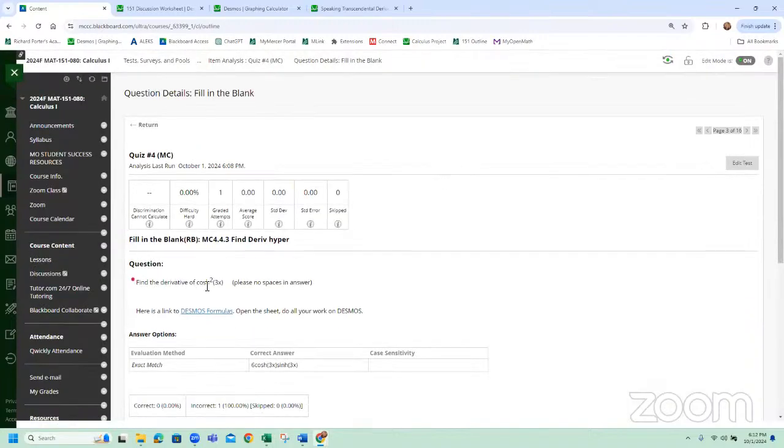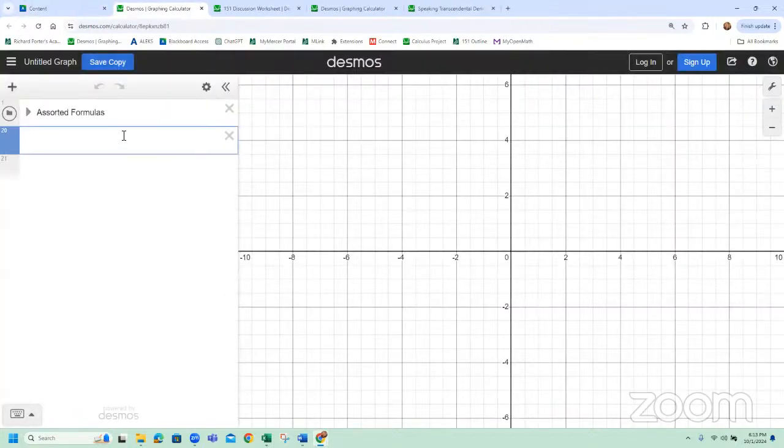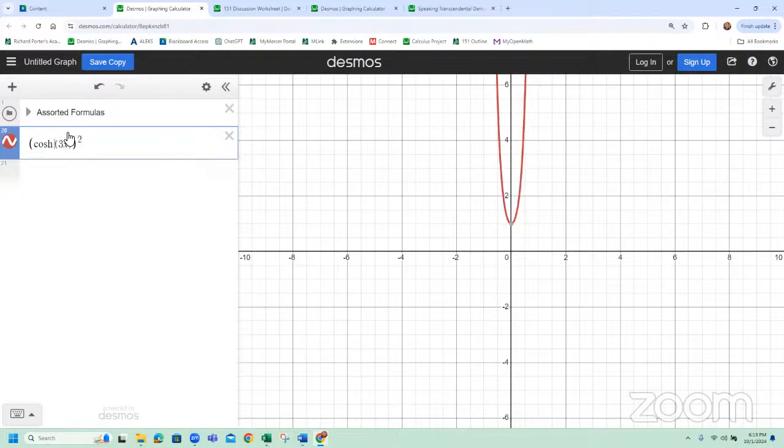Find the derivative of cosh squared of 3x. Okay, so I'm going to just take this to the decimal sheet because this is one you have to do. I'm going to write it as cosh squared, and I want the derivative.